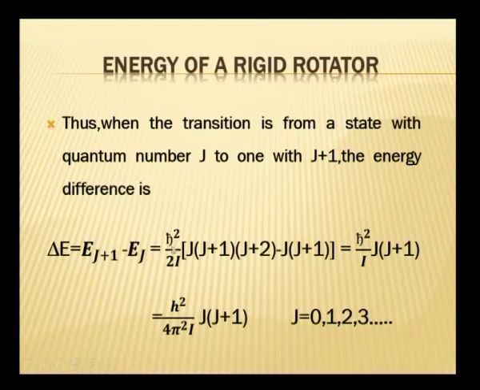That will be obviously h bar square by 2 I into j plus 1 into j plus 2 minus j into j plus 1. That becomes h bar square by I into j plus 1, that is equal to h square by 4 pi square I into j plus 1, and j will take values of this kind.